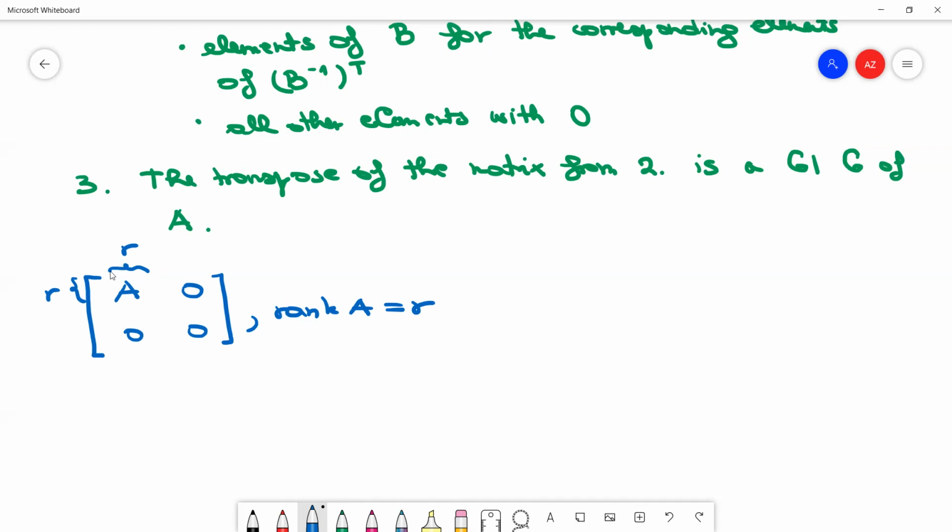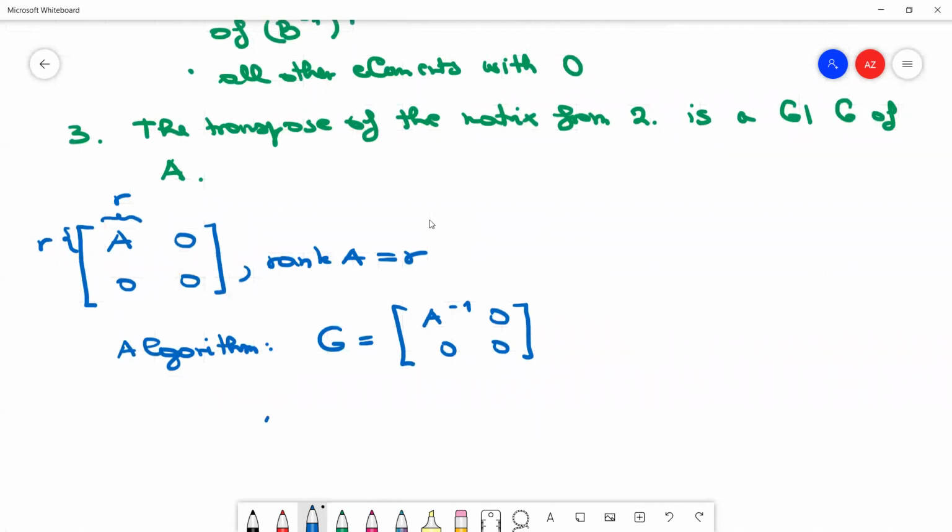So we need to choose exactly this upper left corner for B. So our algorithm only gives us one generalized inverse. And this is exactly G equal to A inverse, 0, 0, 0.